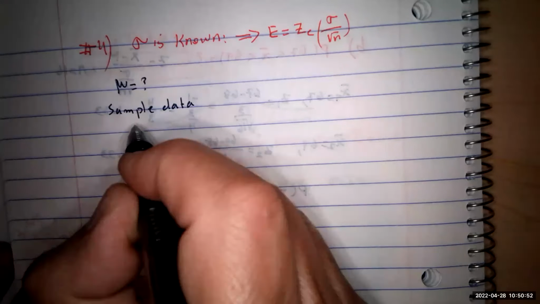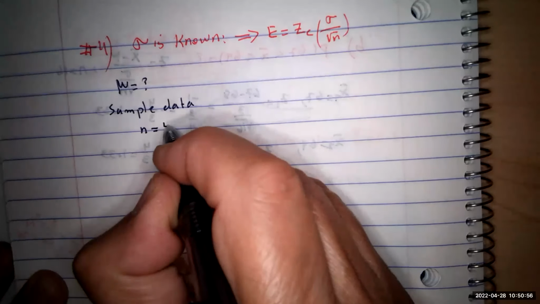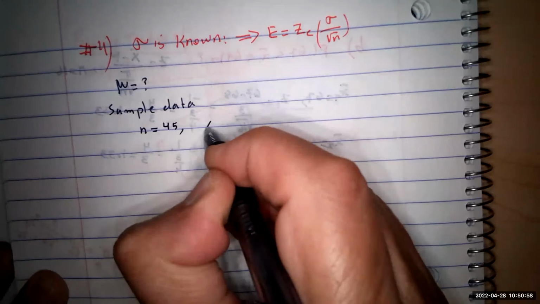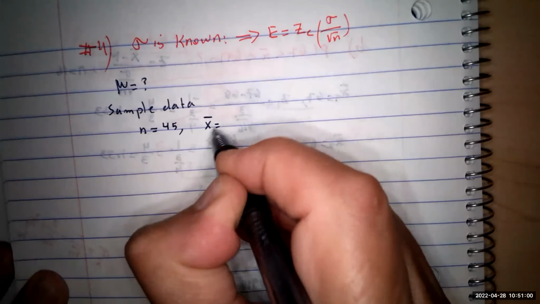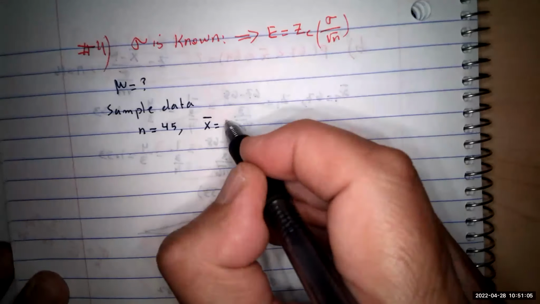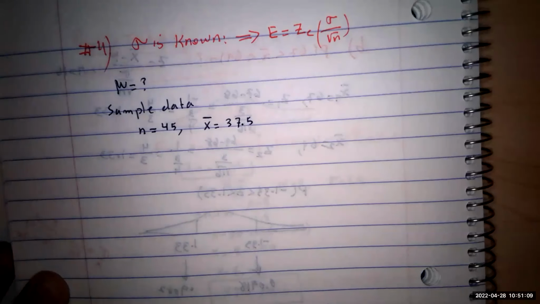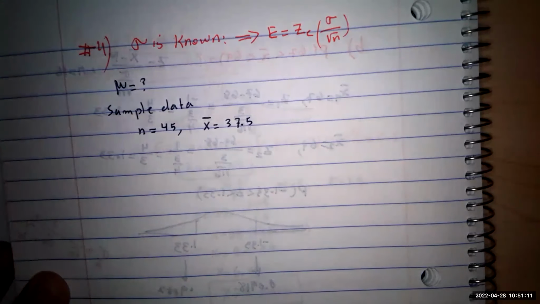Sample data starts with the sample size. In this case, the size is 45. Then you need the sample mean. The sample mean is given to you as 37.5 milliliter per kilogram.